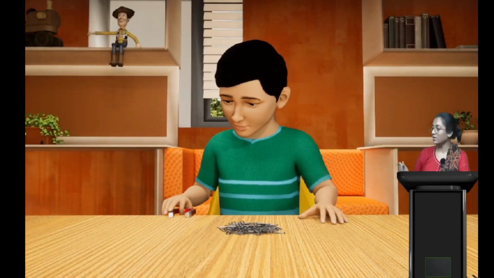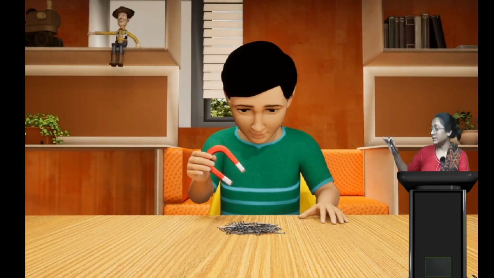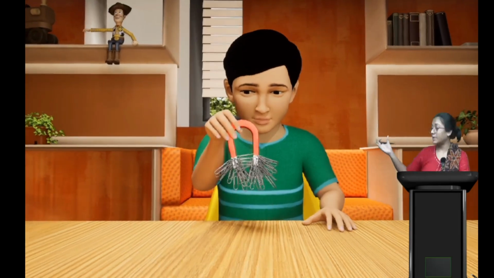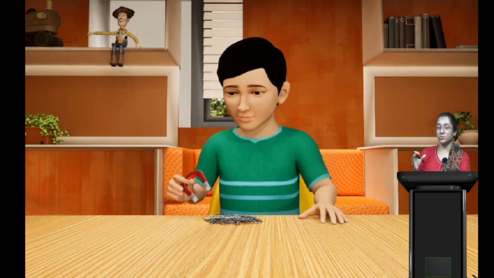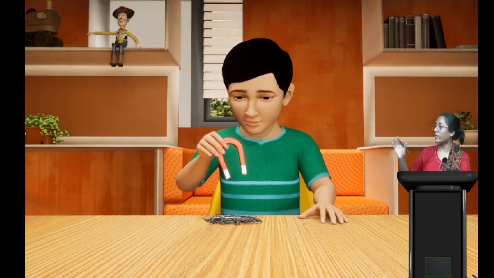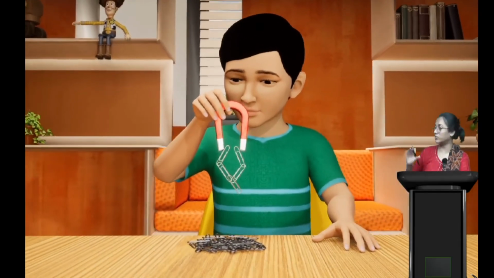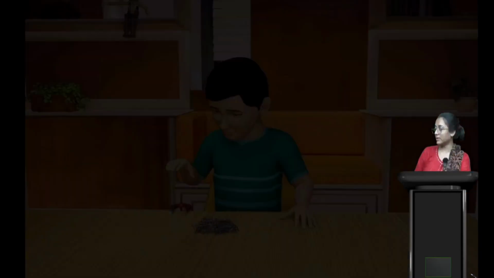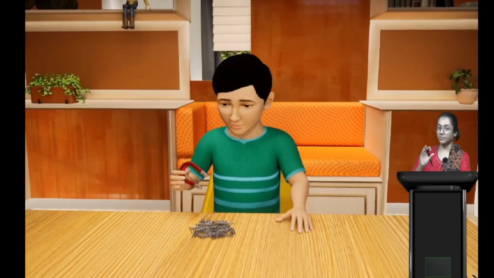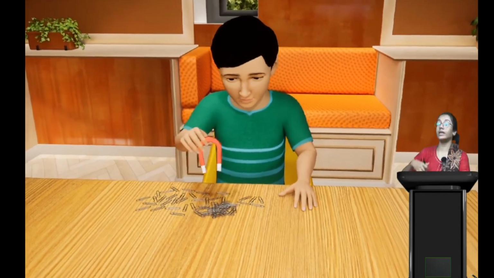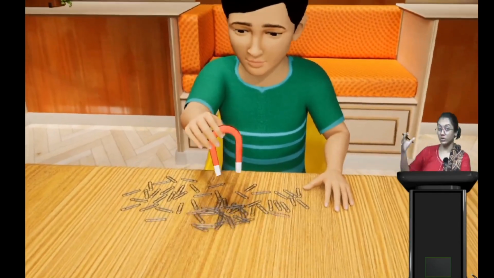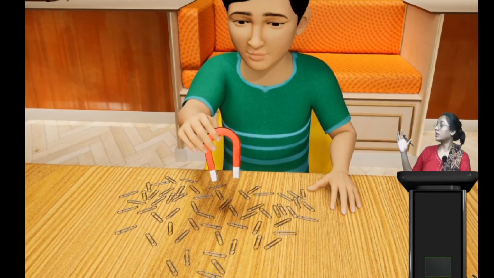Let's see again. When the distance between the iron and the magnet was less, all the paper clips got attracted towards the magnet. And when he increased the distance between the magnet and the paper clips, fewer paper clips were attracted, and when he increased the distance even more, none of them got attracted, right?